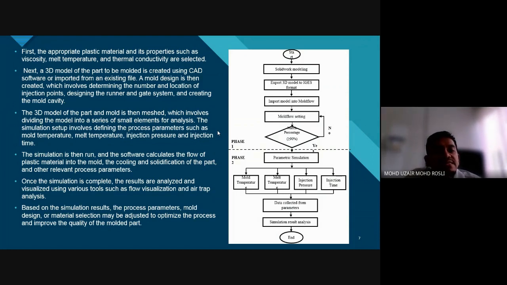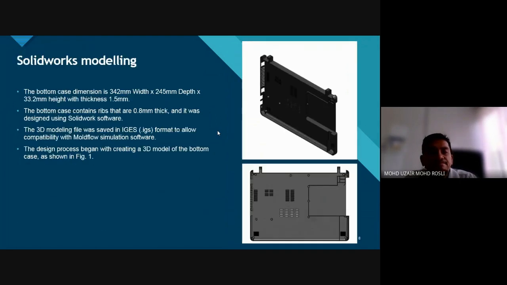So this simulation is then run. The software calculates the flow of plastic material into the mold, cooling and the solidification of the part and other relevant process parameters. Based on the simulation result, the process parameter, mold design or material selection may be adjusted to optimize the process and improve the quality of the molded part.